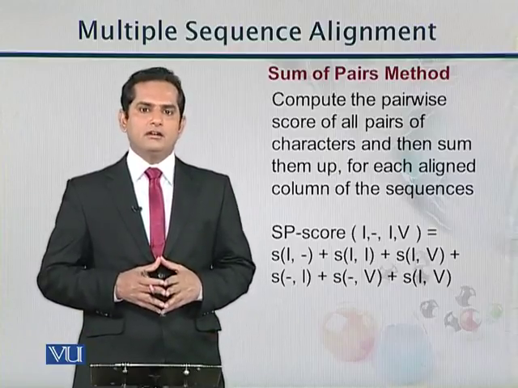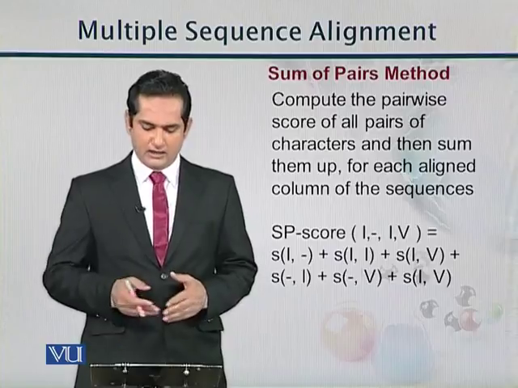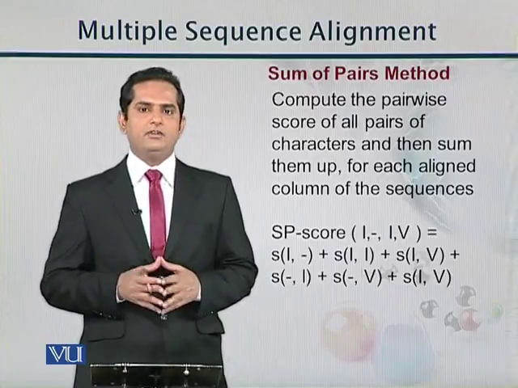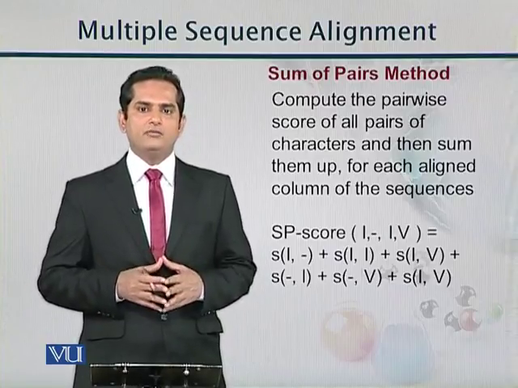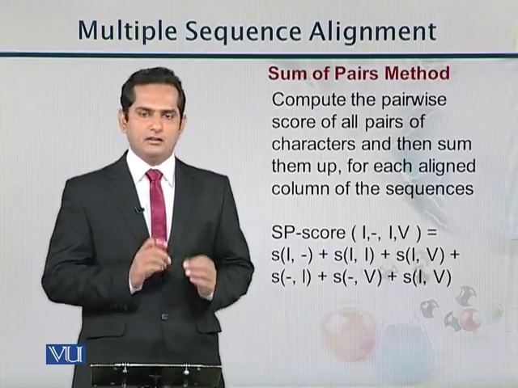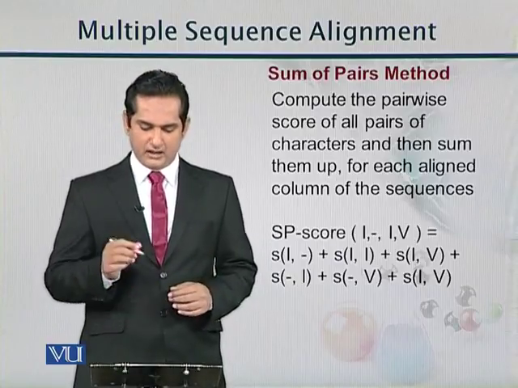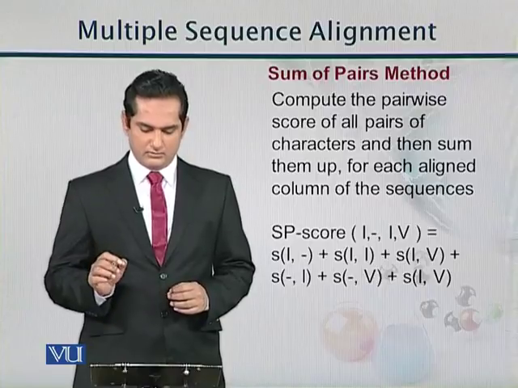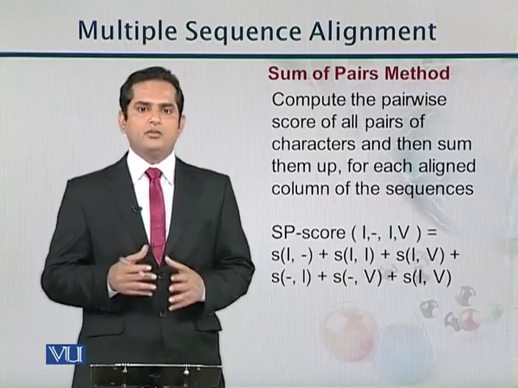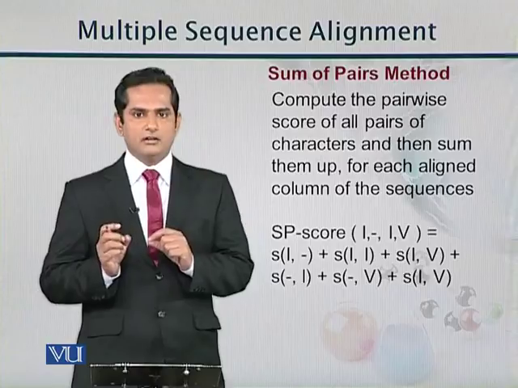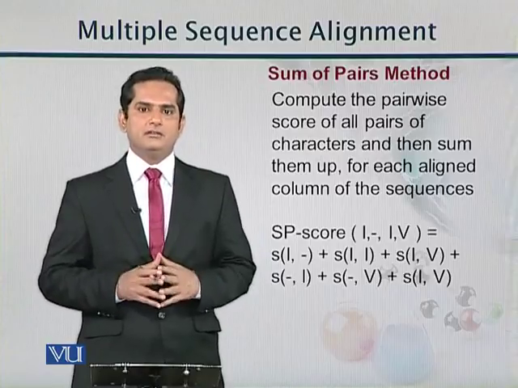If I have four characters, we will have six total comparisons, shown by Si, then dot plus Sii, and so on. So for four characters we have six comparisons.